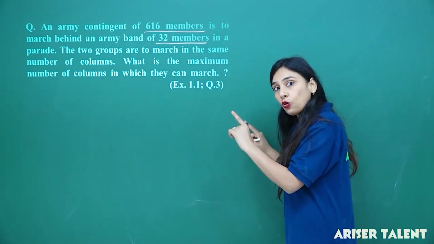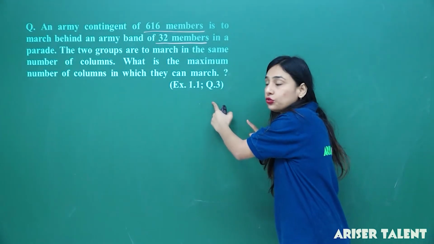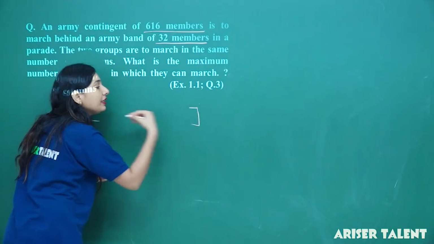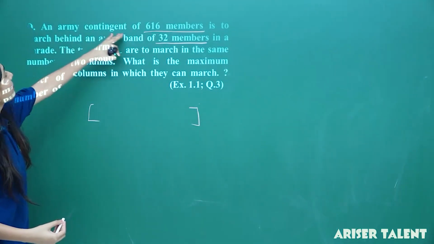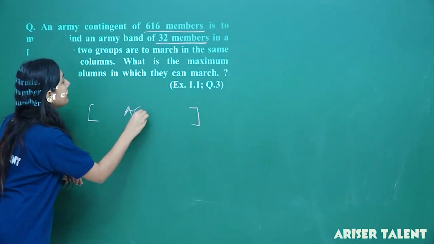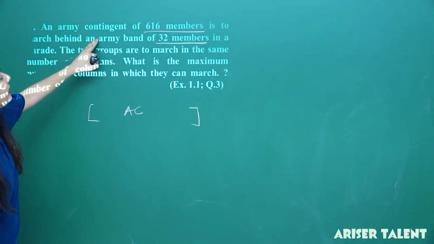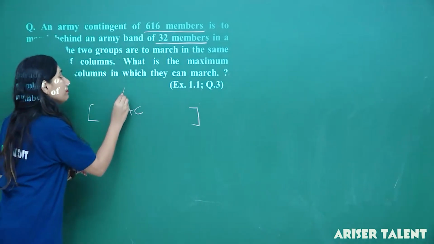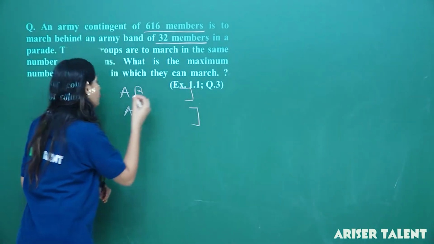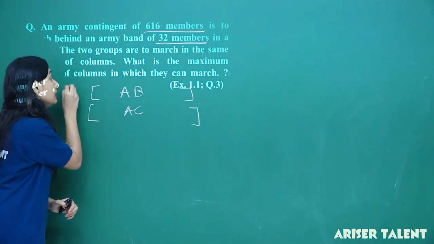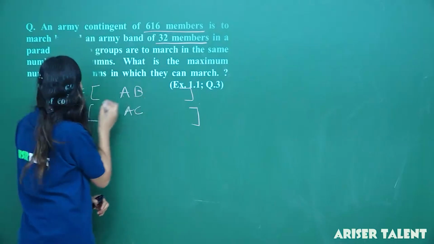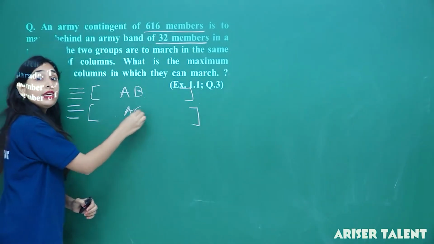Okay, so what has it asked you? Some definite number of army contingent, AC, and behind the army band, AB. So these rows will be of the army band, that is AB, and these rows will be of AC.